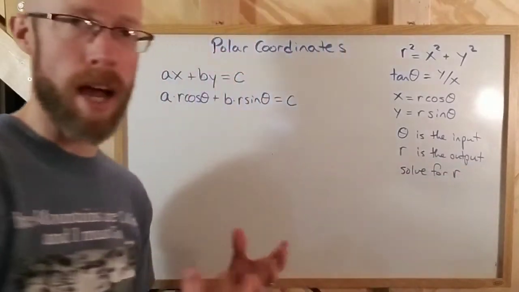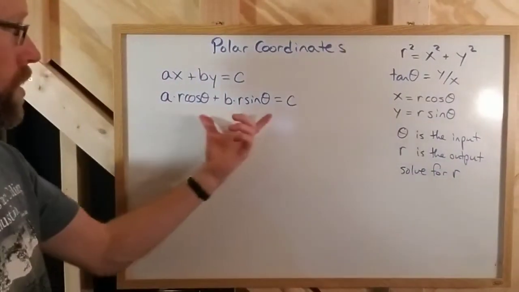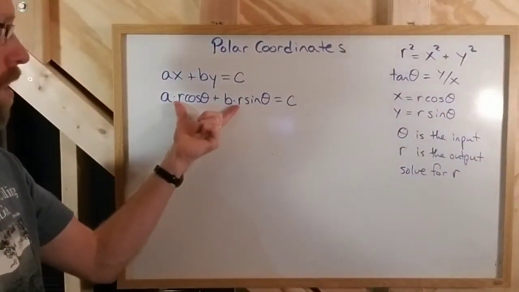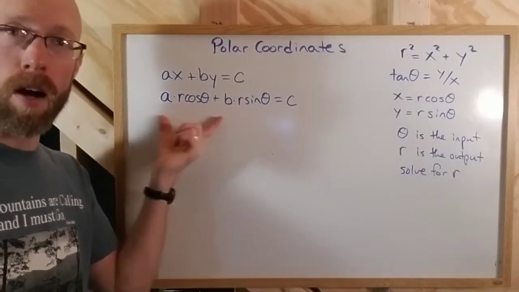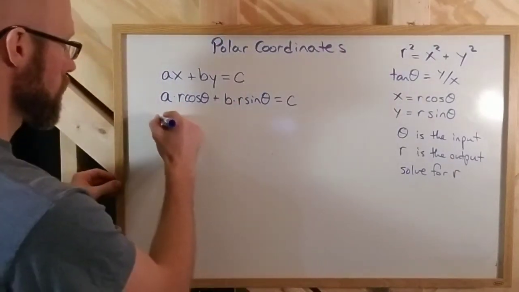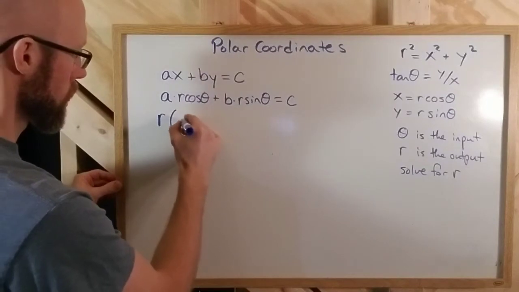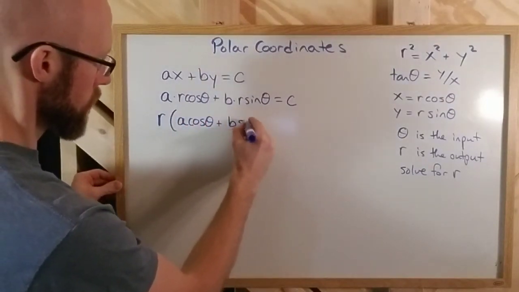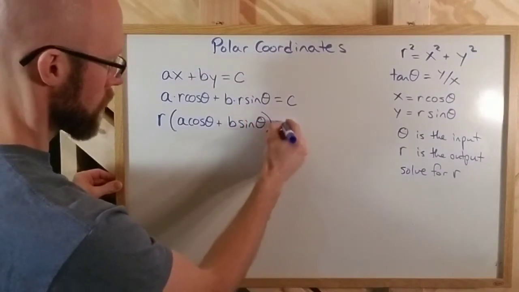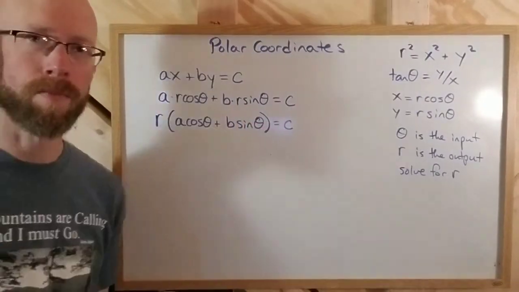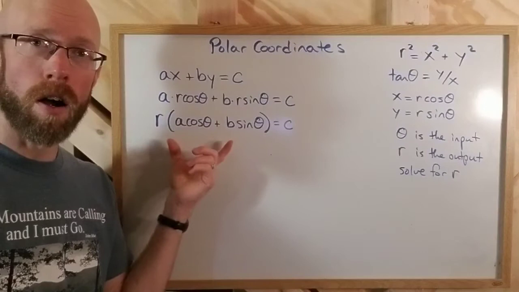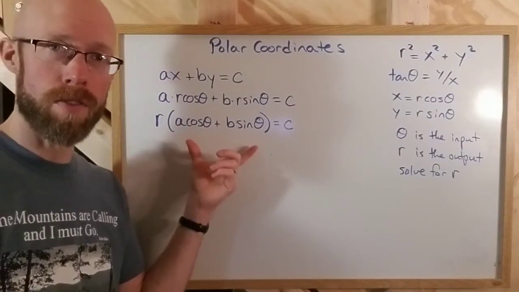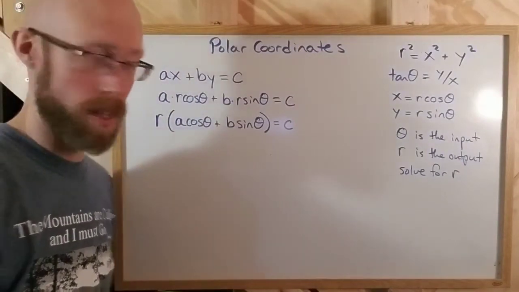We solve for the output, essentially. So when I look at this equation, I can solve for r by factoring out the common r. There's a common factor here. I pull the r out, and I get r times (a cos theta plus b sine theta) equals c. Now, to solve for r, we're going to divide out all the stuff that's in parentheses since it's multiplying the r.